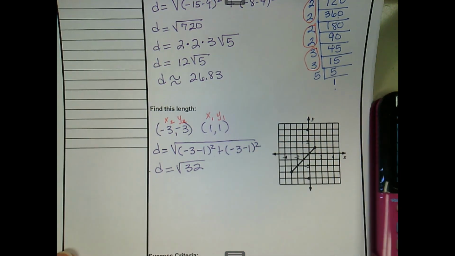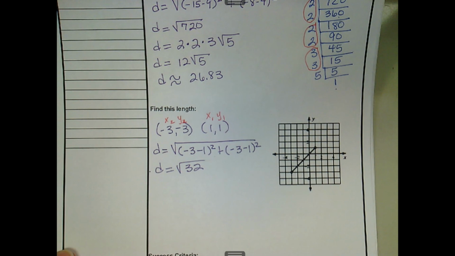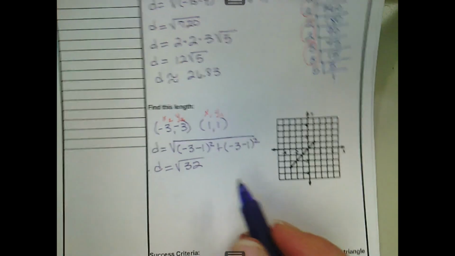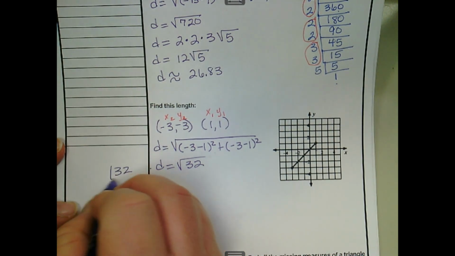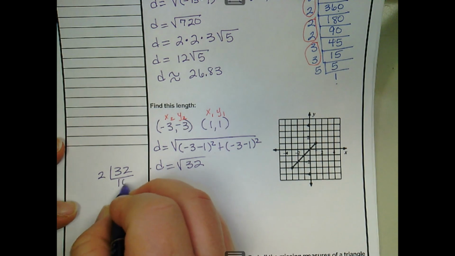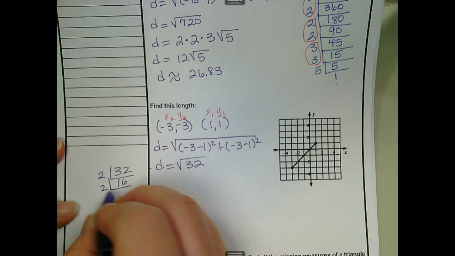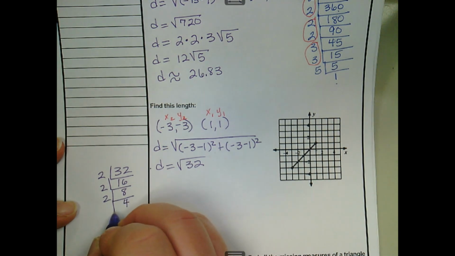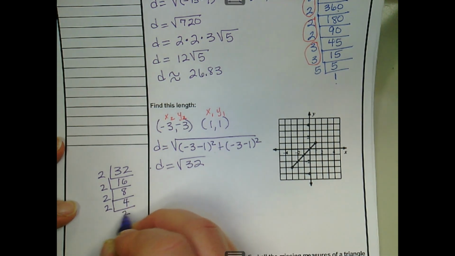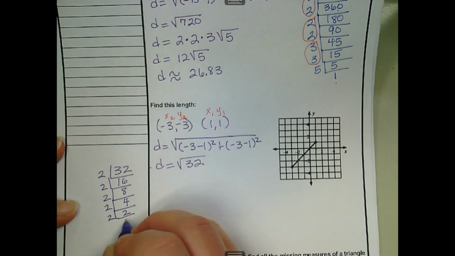Okay, this 32 we know is not a perfect square. So once again, we have to do the ladder factoring, and then we will have our exact length. Divide it by 2, you get 16. Divide it by 2, you get 8. Divide by 2, you get 4. Divide by 2 again, you get 2. 2 is prime. 1 and done.